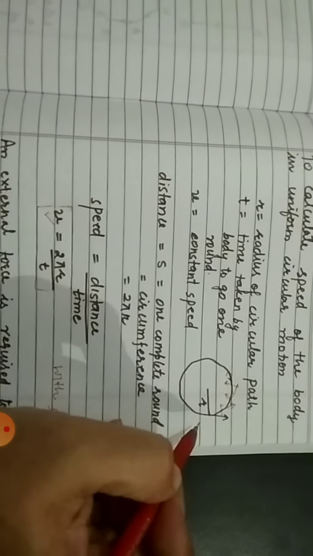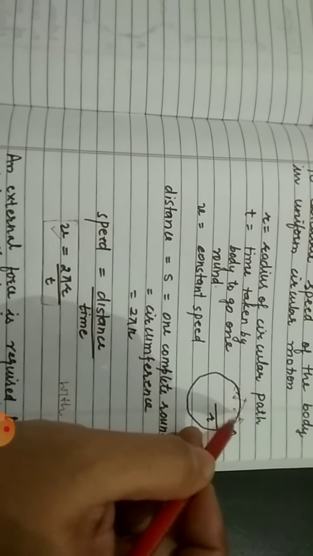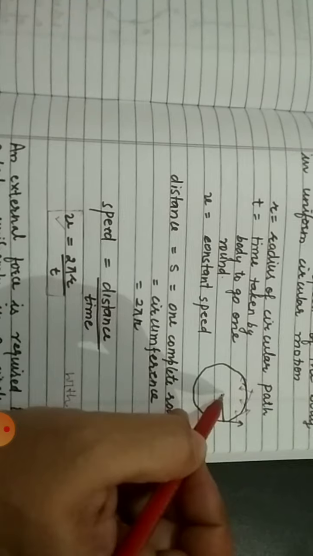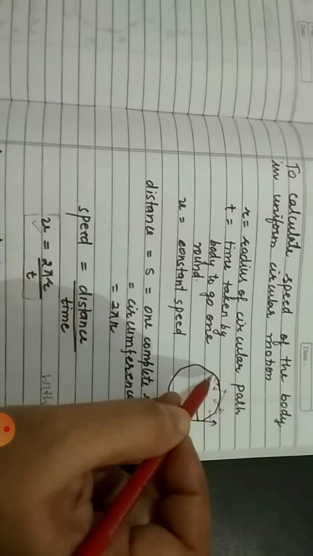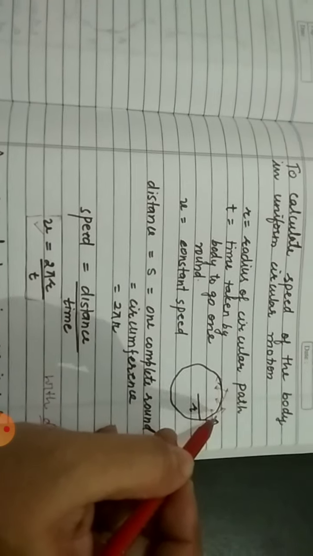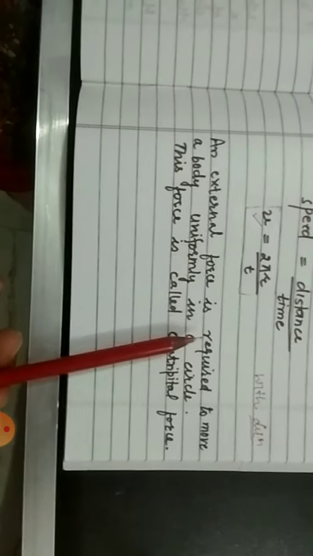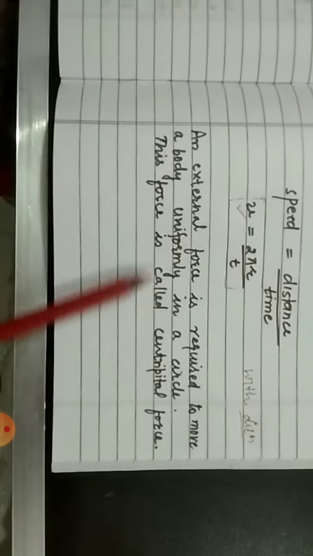These arrows show that a force is acting towards the center, which is responsible for its circular motion. So students, that force is known as centripetal force. What is centripetal force? An external force is required to move a body uniformly along a circle. This is known as centripetal force.